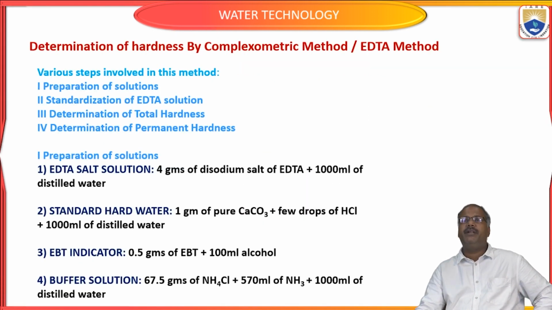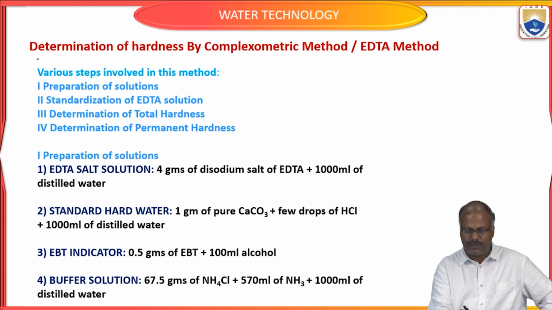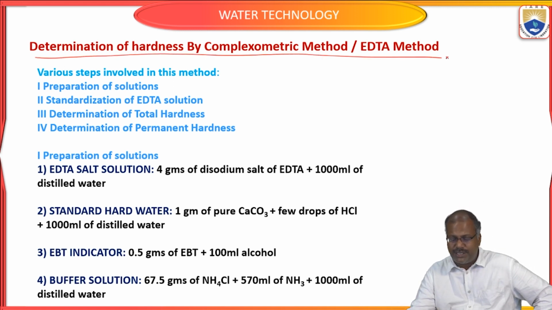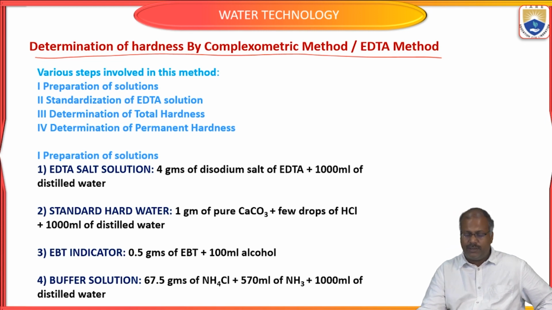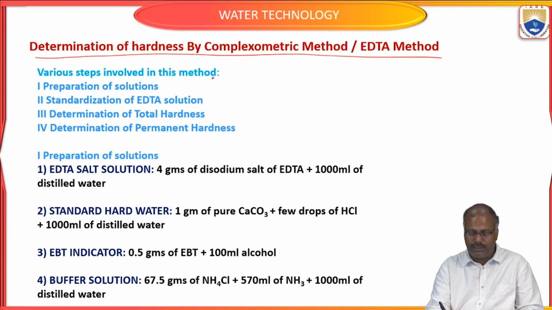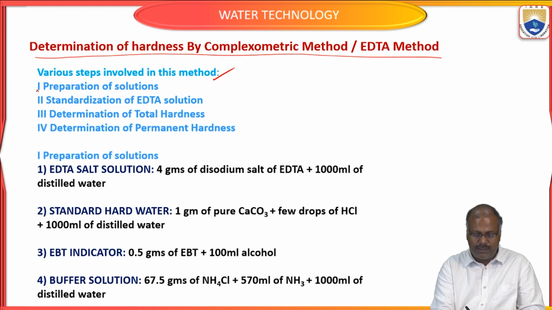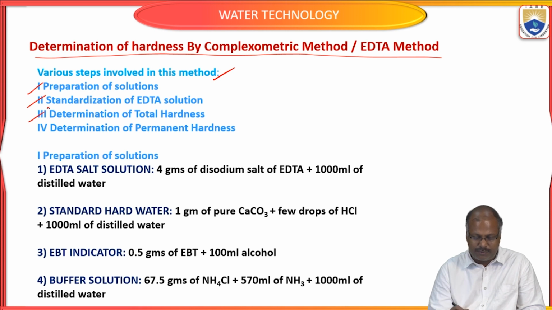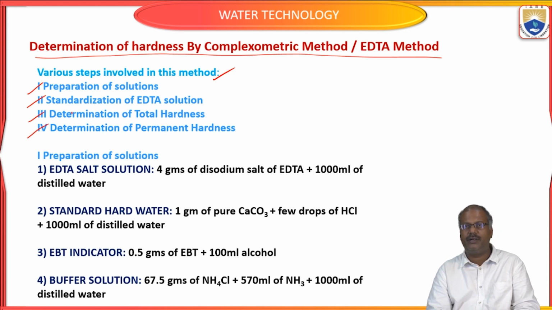Okay, now determination of hardness of water by complexometric, or we can also say by EDTA method. There are various steps involved in this method. First, preparation of required solutions, standardization of EDTA solution, determination of total hardness, and determination of permanent hardness.